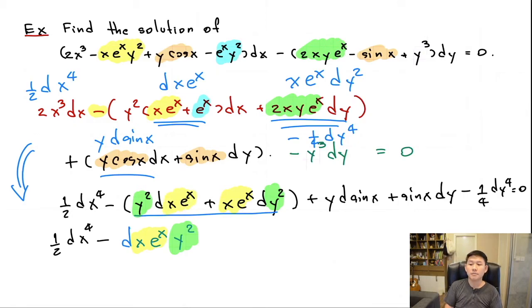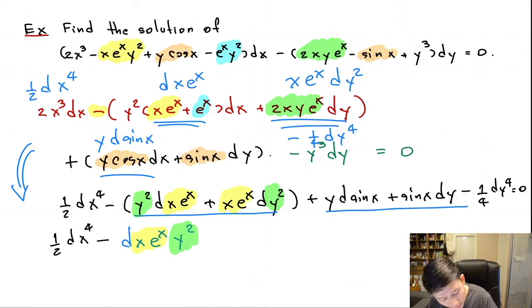Make sense? Then you have this guy, d of what? D of y psi x. Why?